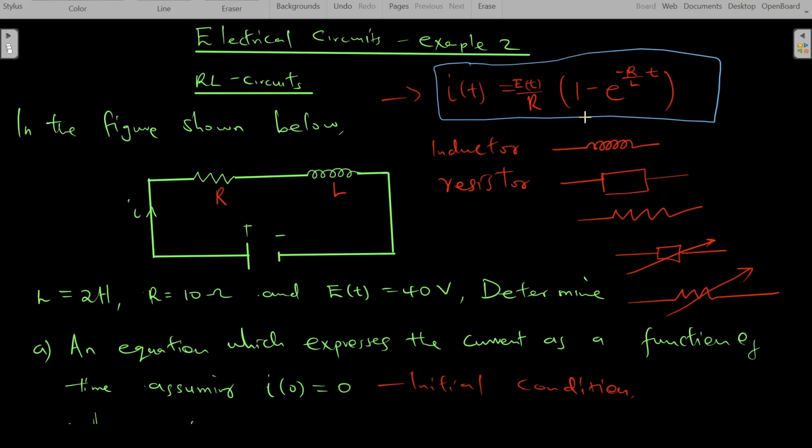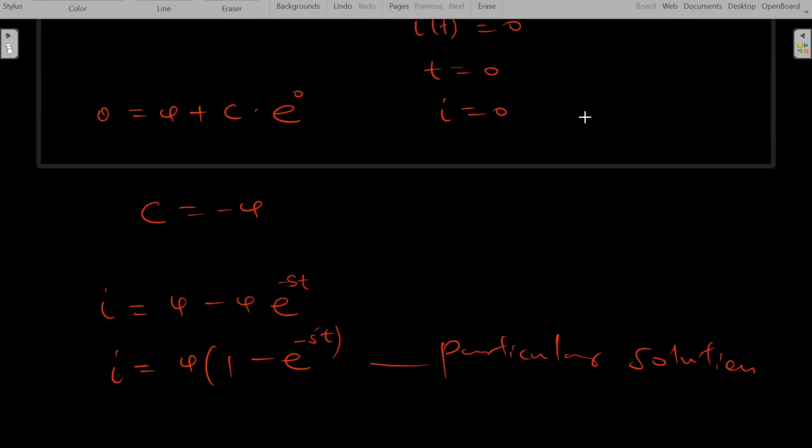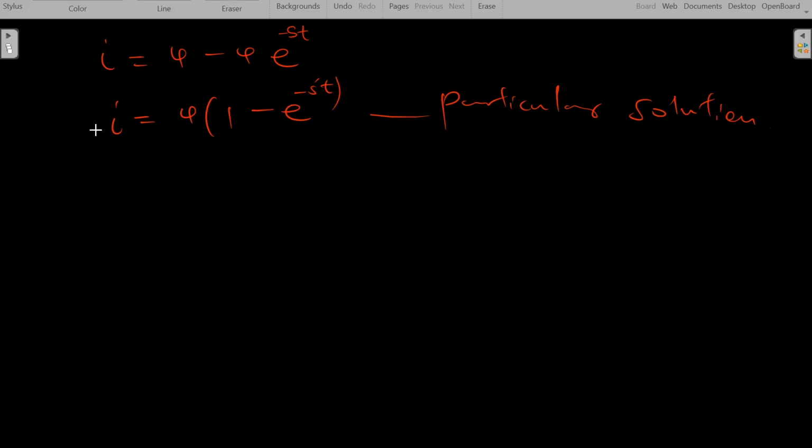Remember, we are deriving this formula. So we are saying I as a function of time. This is just another concept. I as a function of time should give me E over R, into 1 minus e raised to negative R over L t.